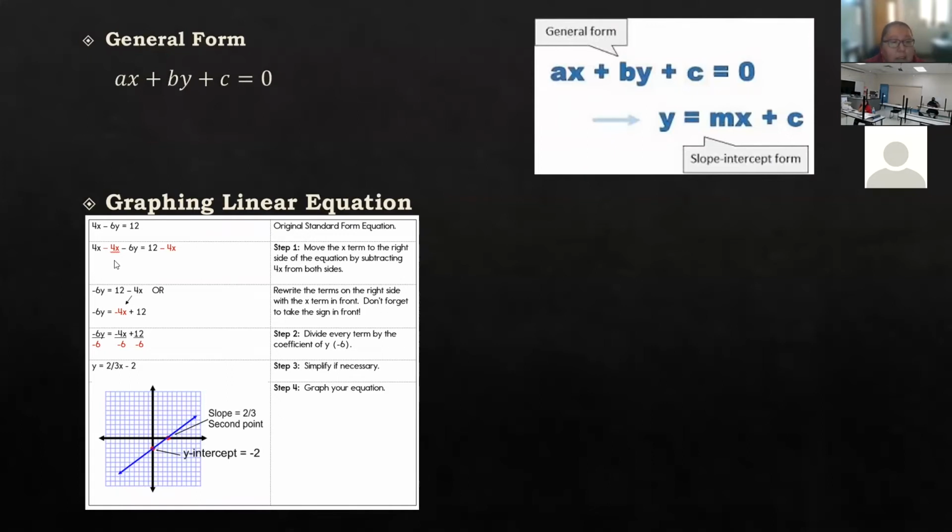To do that, we have to do the opposite of what is in our equation. Since we have a positive 4x, we are going to subtract it as we move it over our equal sign. It's just like putting a mirror right there. Whatever reflects will reflect in the opposite way.